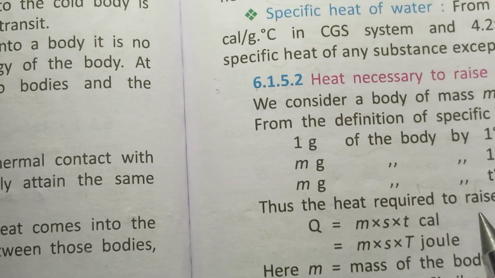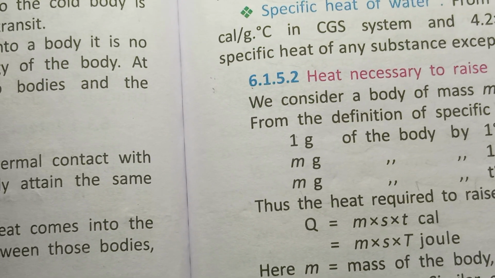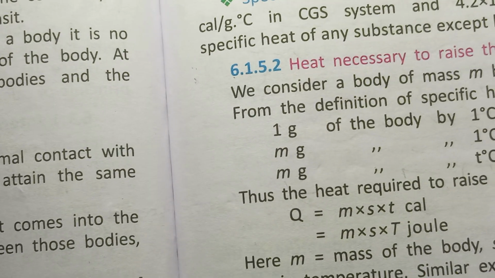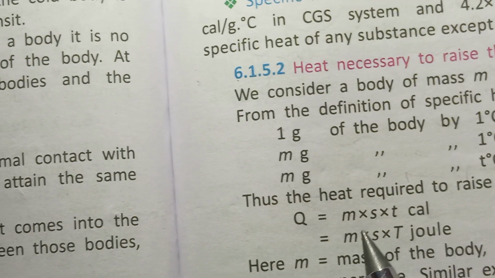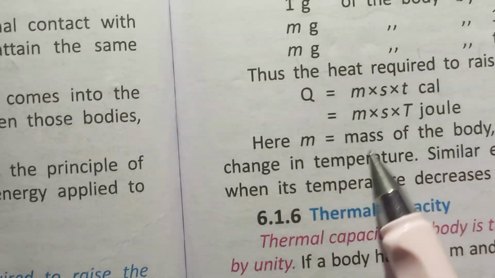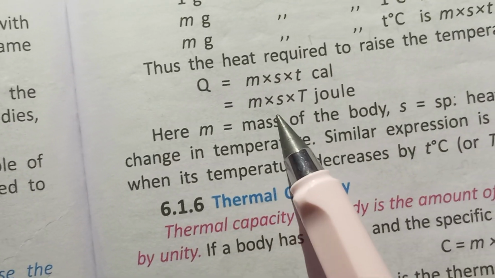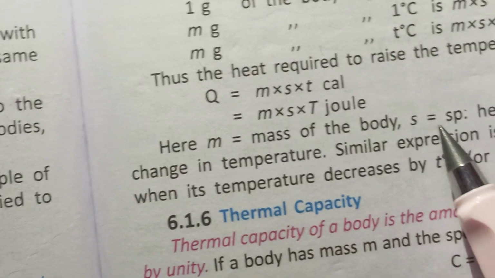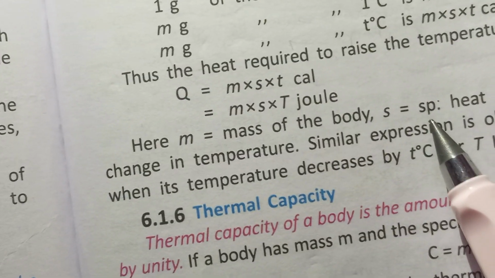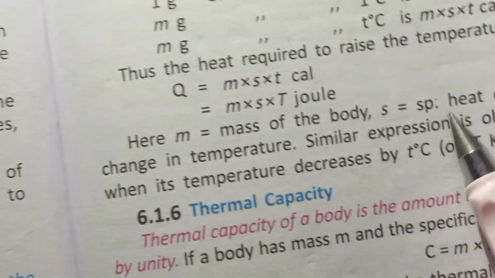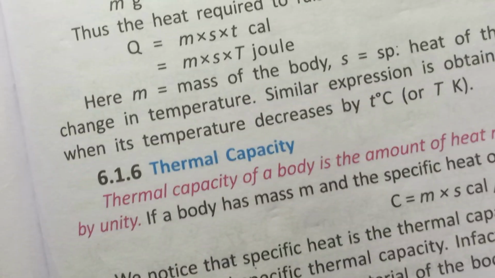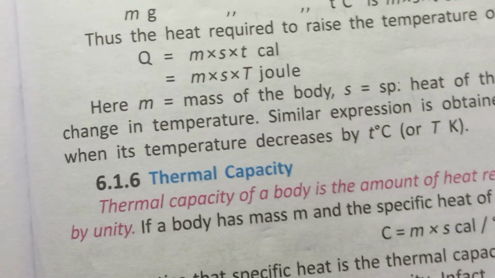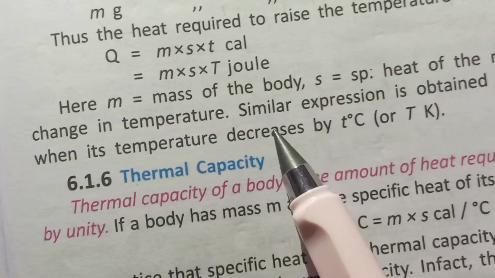Thus, the heat required to raise the temperature of the body by T degree C or T K is given by Q equals m into S into T calorie, or m into S into T joule. Here m is the mass of the body, S is the specific heat of the material of the body, T degree C or T K is the change in temperature.